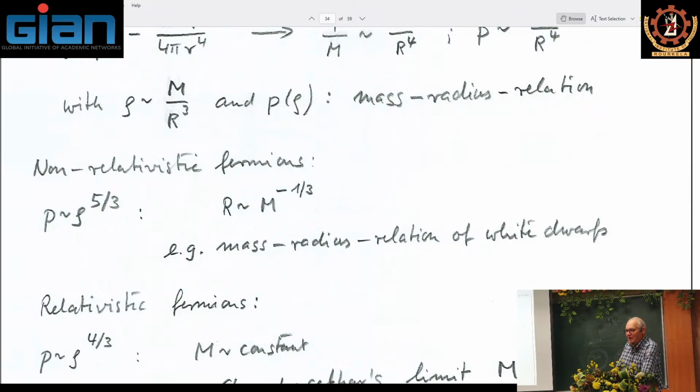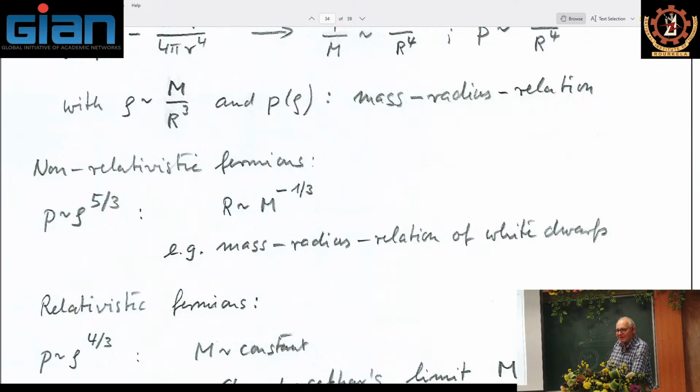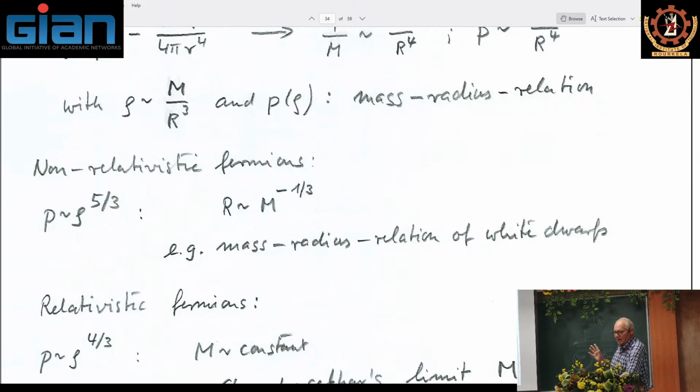Well, what we end up with, the mass has to be a constant here. So if the equation of state is given by relativistic electrons, then the mass radius relation is no longer a relation between the radius and mass, because the radius cancels. You can convince yourself simply by inserting this relation, and you will find the radius is no longer a parameter of the relation, but the mass is actually a constant.